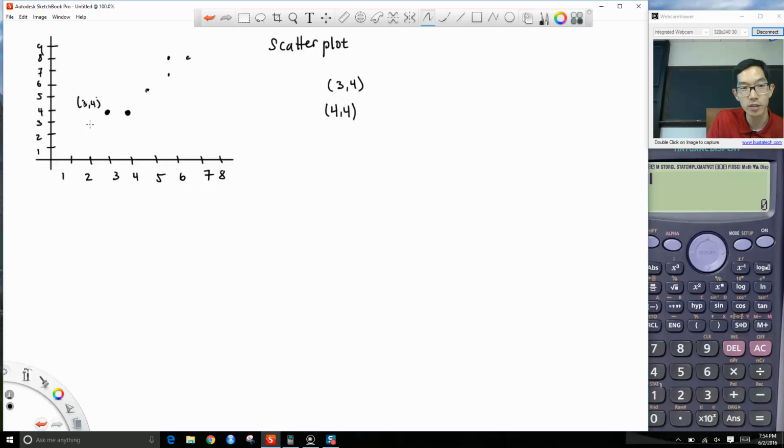And you try to decide, is there a relationship? Could the relationship here be summarized with a straight line? And then we would look at this and we would say, yeah, it looks like a straight line could work through this. Okay, something like that.